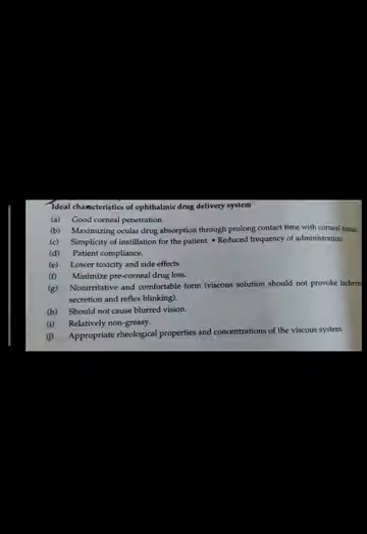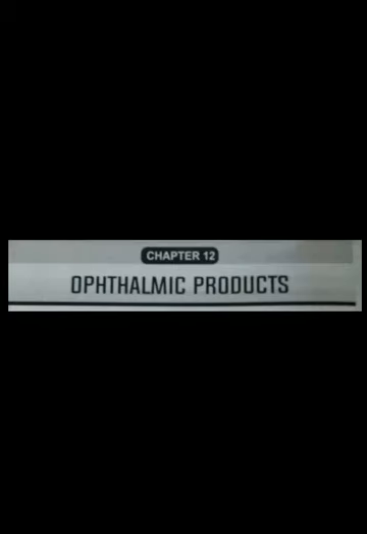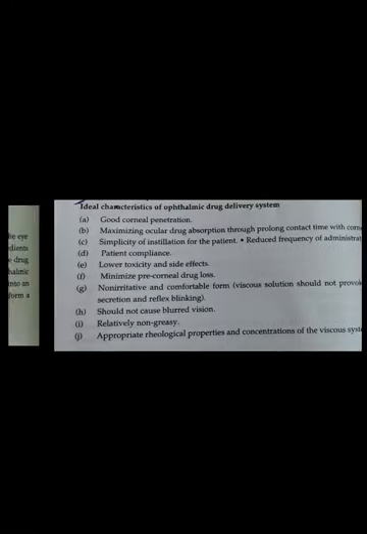We have discussed ophthalmic products. In that we have seen the ideal characteristics, then the eye drops. Eye drops are in the form of solution, suspension, emulsion, and they are intended for installation in the eye with the eyedropper. And the properties of eye drops.